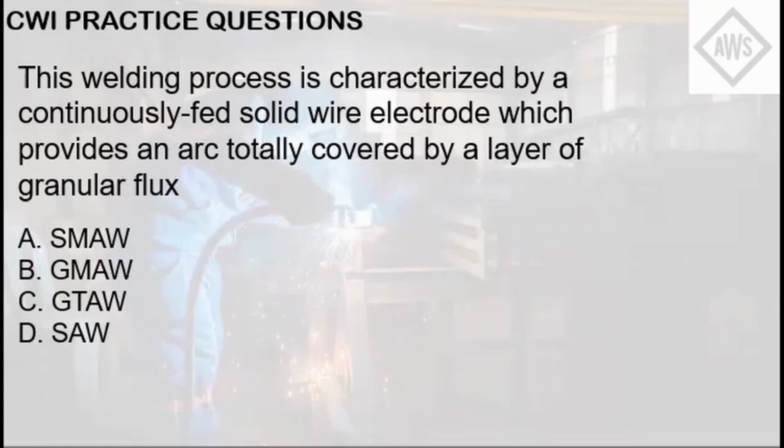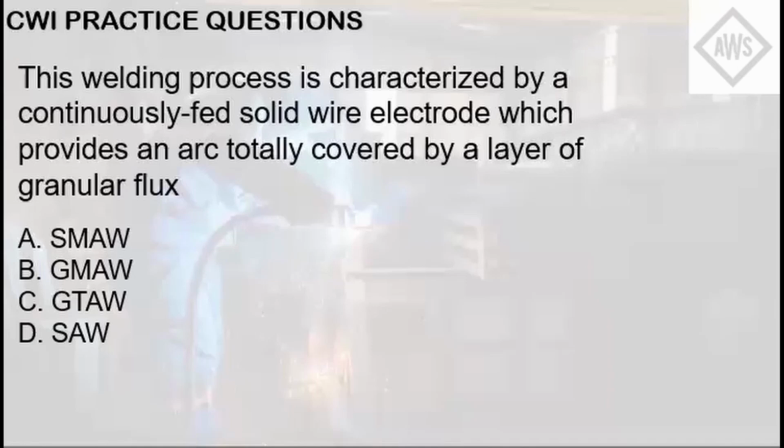It can be considered an automatic or semi-automatic process because of its continuous wire feeding and a controlled travel speed. You can control the machine's travel speed automatically, unlike SMAW, GMAW, and other processes where the travel speed is controlled by the welder.